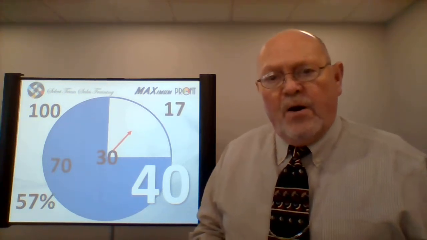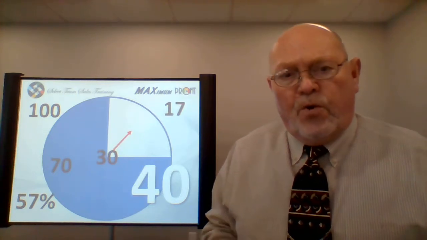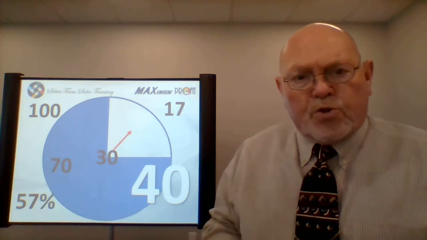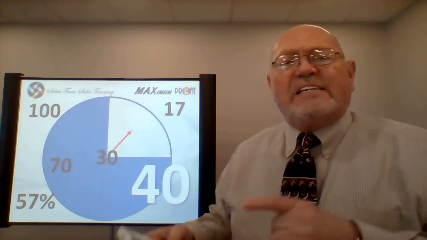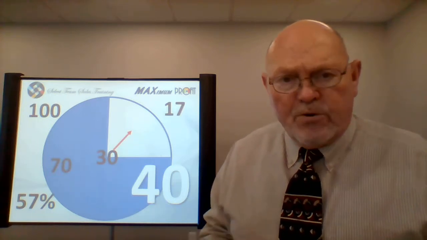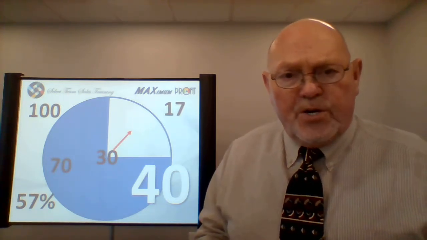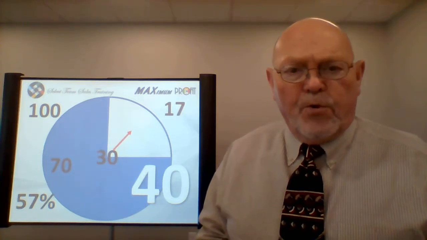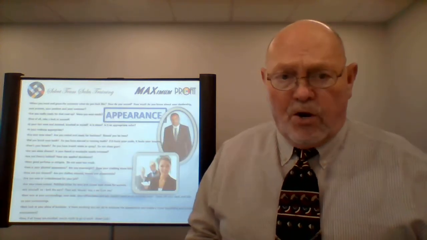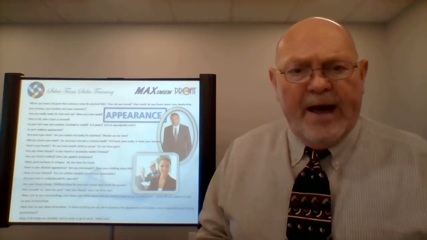I'm telling you right now, if all you do is learn how to start the process and work through the process and do it better, you're going to more than double your present closing ratio. And that's all I really want you to do. I want you to learn how to bring people through the process. You do that, you're going to sell more vehicles automatically.